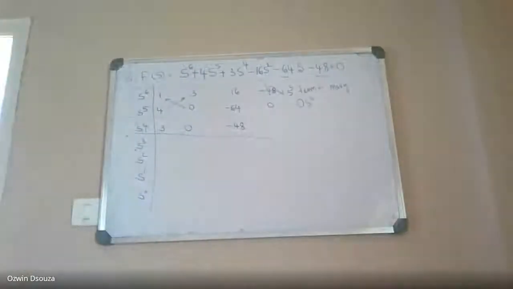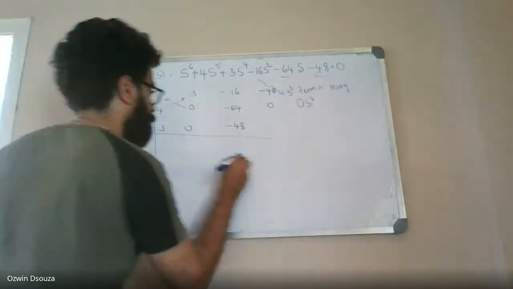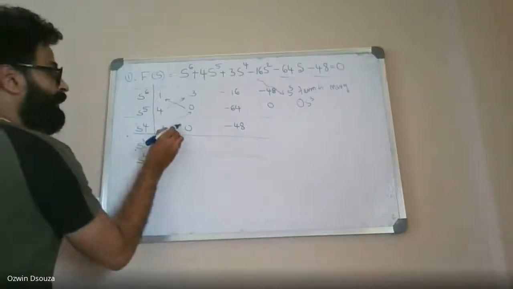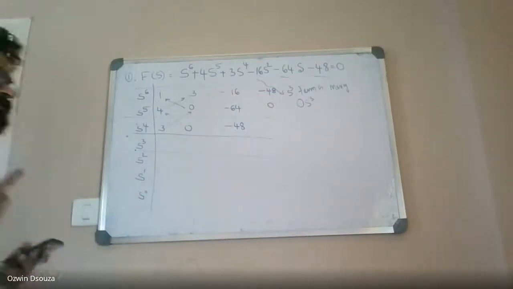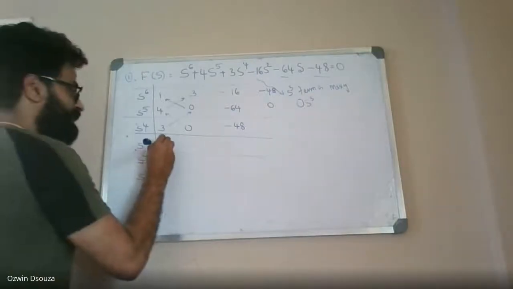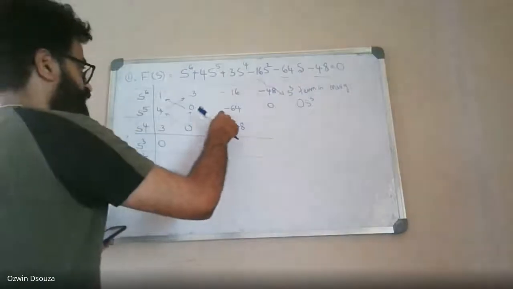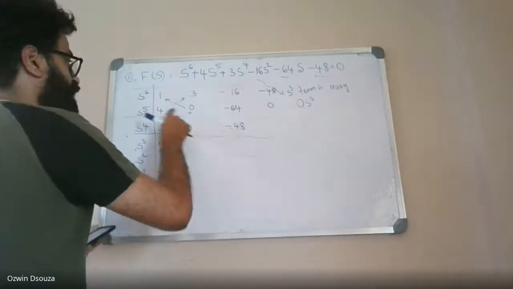And then you find out the elements of the s to the power 3 row. So 3 into 0, minus 4 into 0, divided by 3. So 0 by 3 basically, that's 0. And this becomes 3 into minus 64, minus of minus 48 into 4.